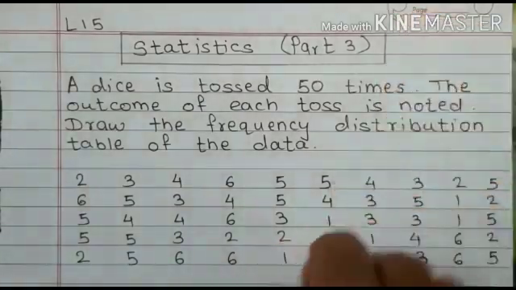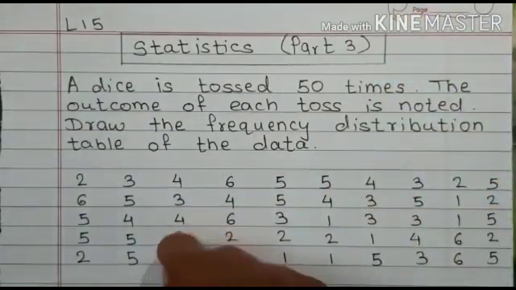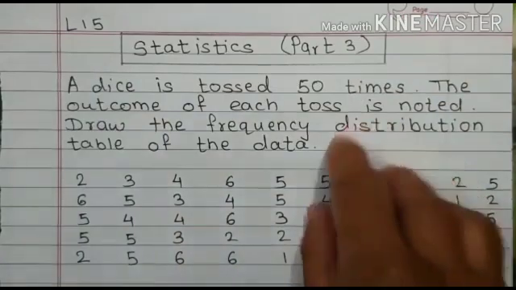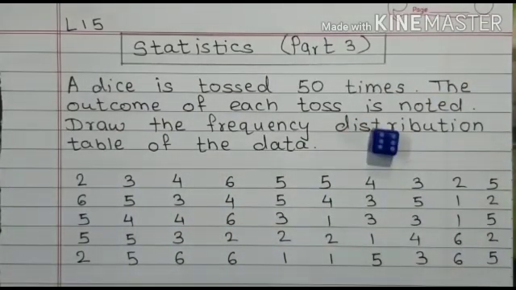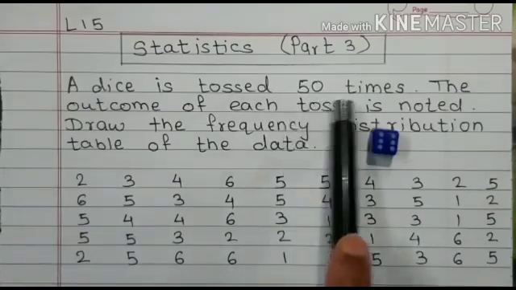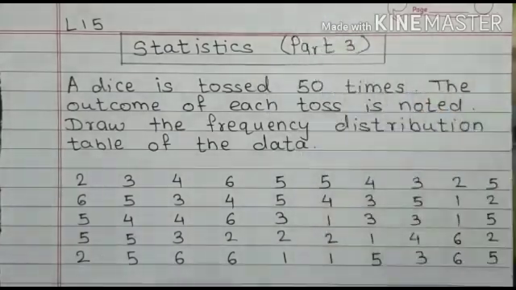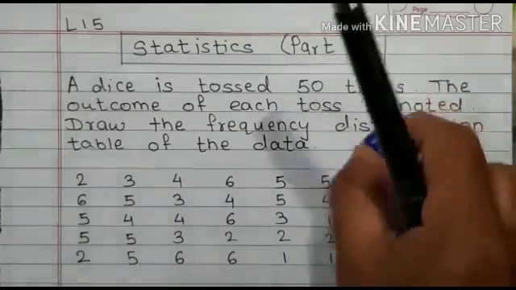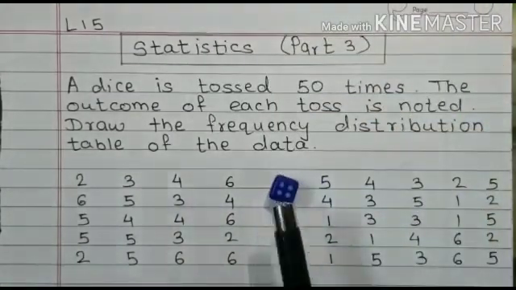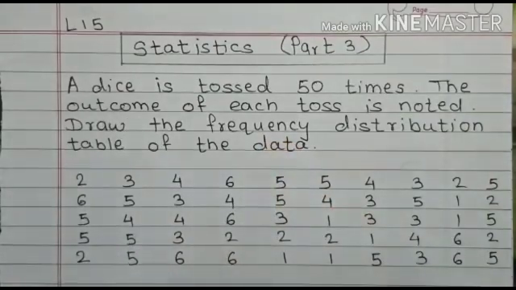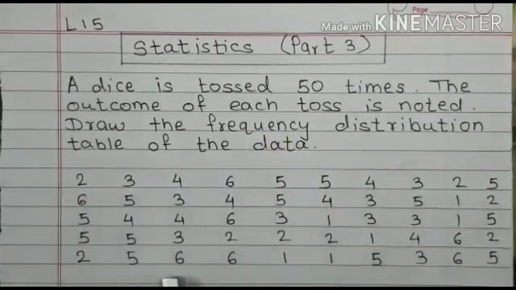Students, you all know this is a die. This die is tossed this way 50 times and the outcome, that is the value that comes on the top face, this is called as outcome. This is noted here.